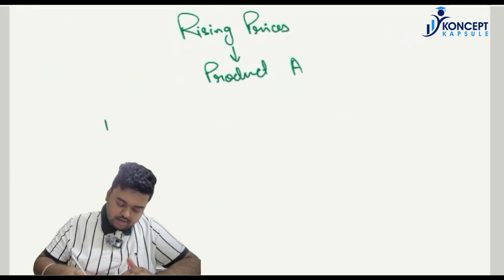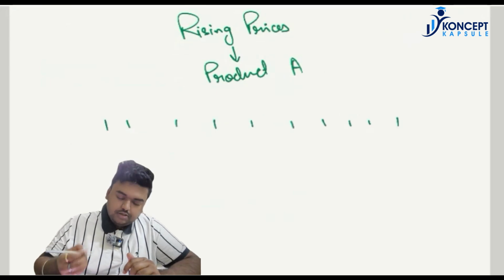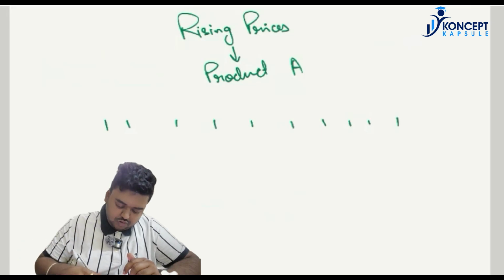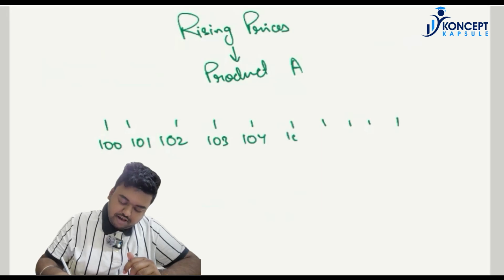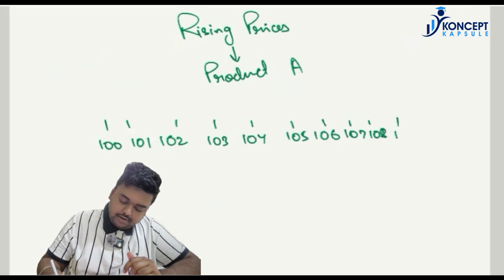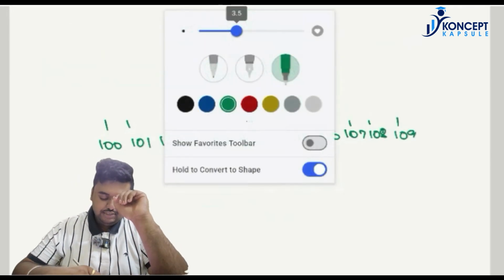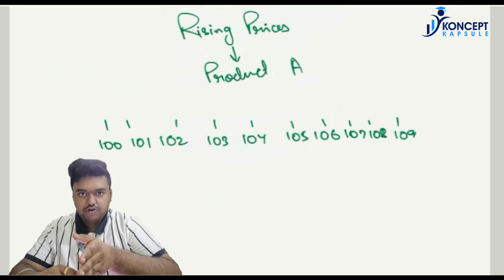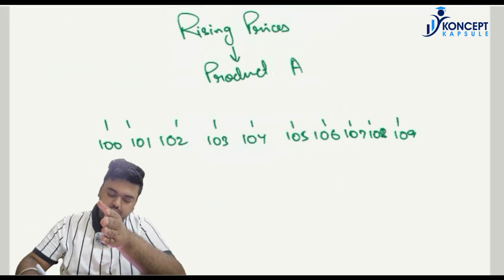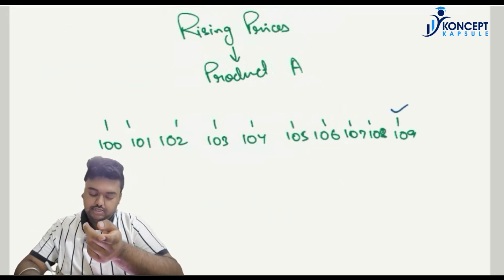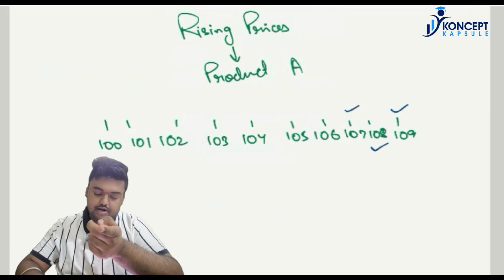In a situation of inflation, suppose the prices are 100, 101, 102, 103, 104, 105, 106, 107, 108, 109. What is LIFO assuming? LIFO is assuming that the last product will be sold first. So 109 will be sold first, then 108, then 107, then 106.